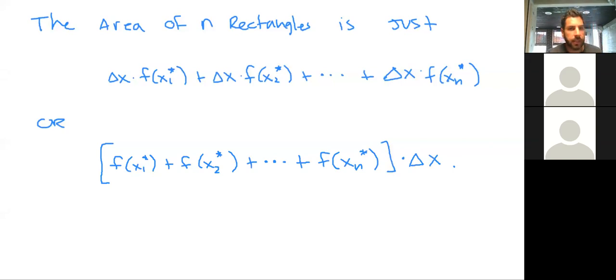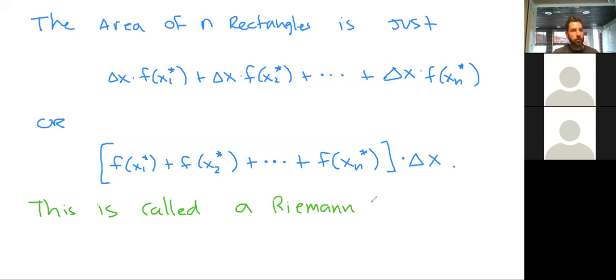This sum has a name. This is called a Riemann sum for f on a comma b.